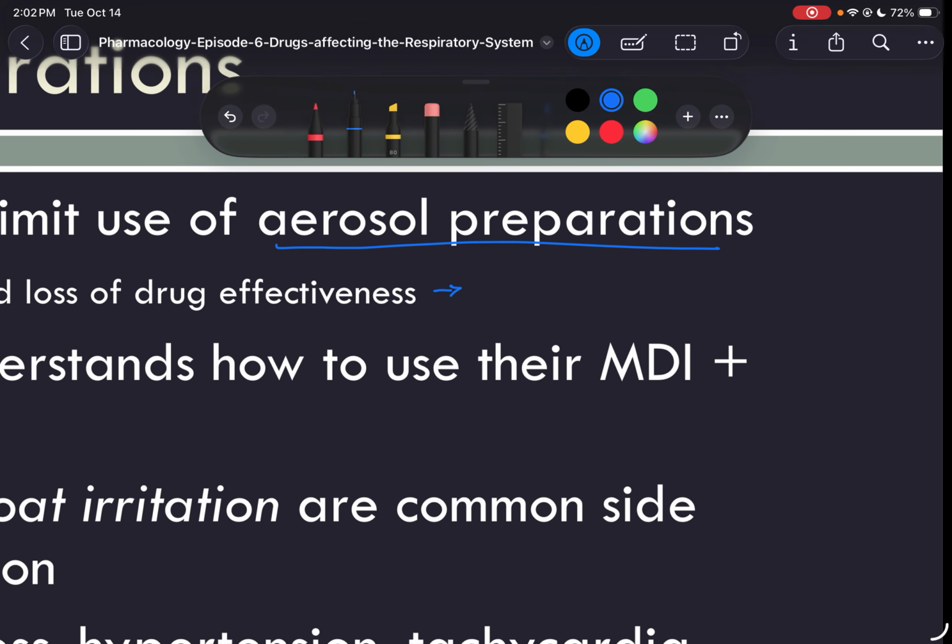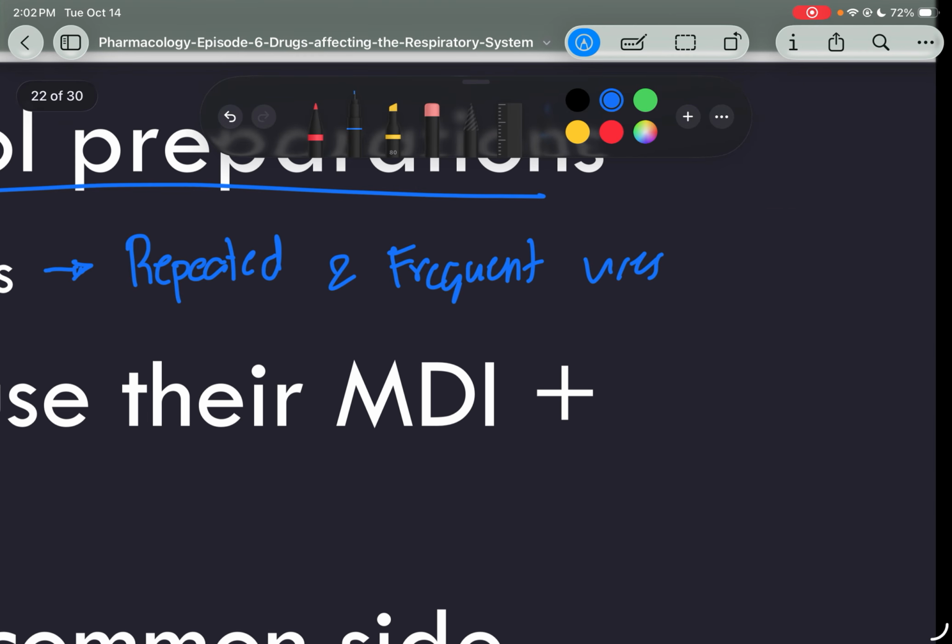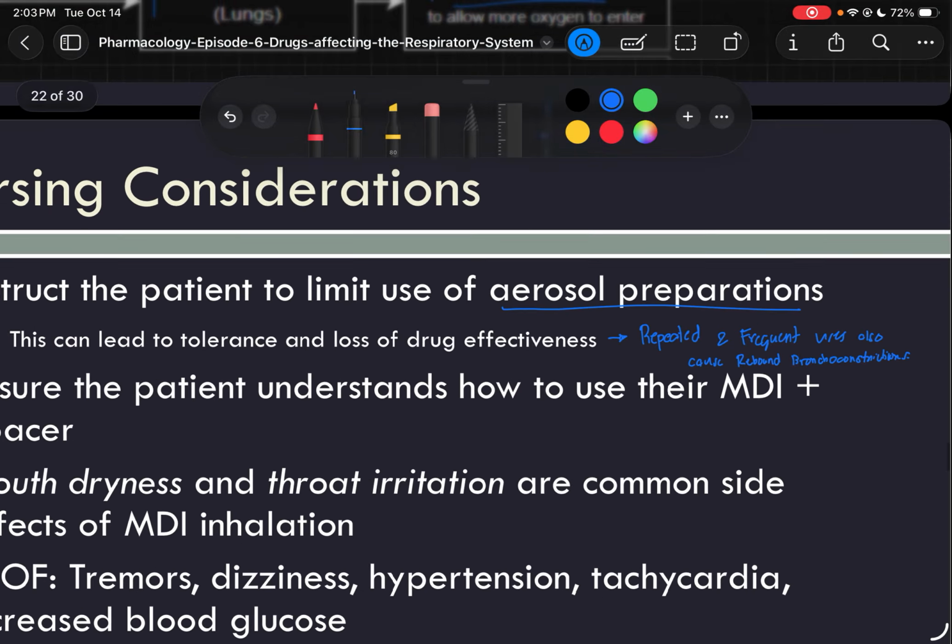Another reason is that repeated and frequent use also causes rebound bronchoconstriction. So there must be a limit, no?